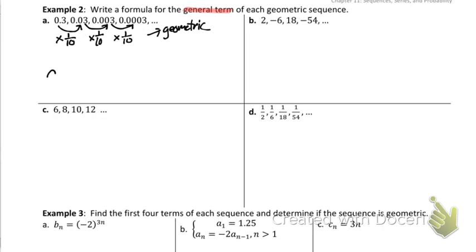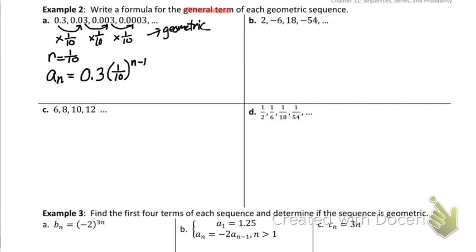So my explicit form is going to be a sub n equals my very first term, which is 0.3, times my common ratio. My common ratio was 1 over 10. So it's going to be 1 over 10 to the n minus 1.